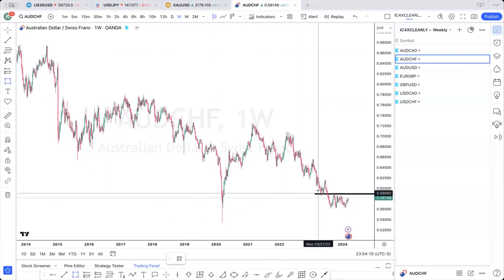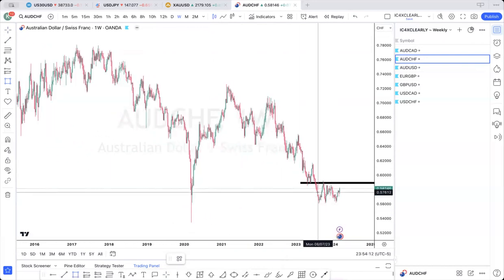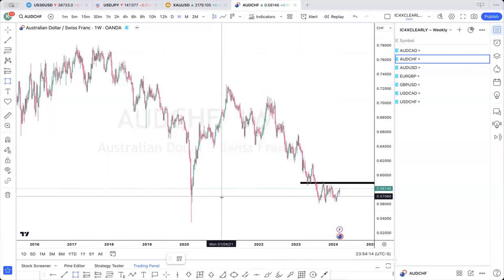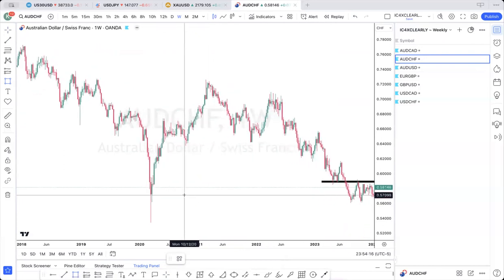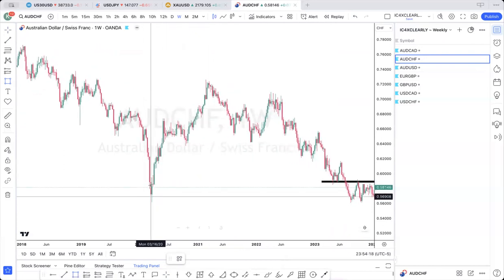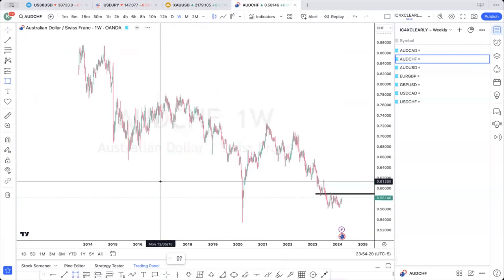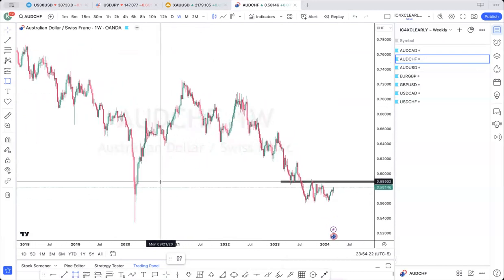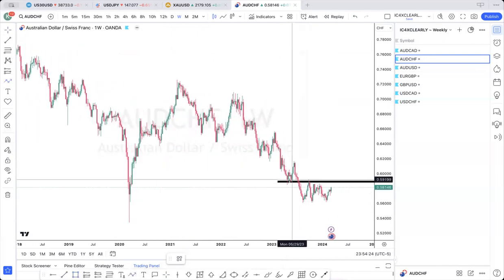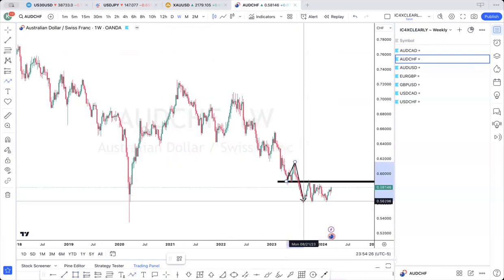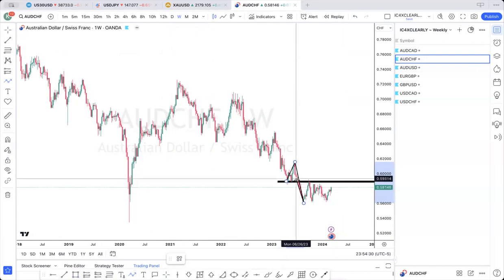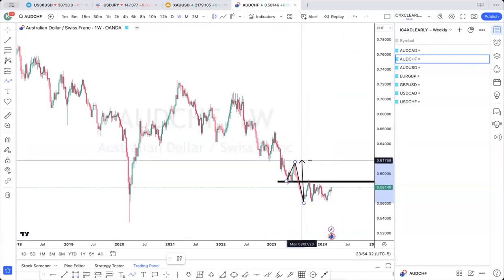Price has tapped into the wicks of this swing here. Okay, market structure is here. Nothing has closed below and nothing has closed above.